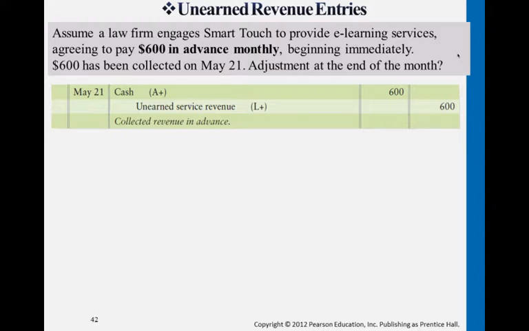For 10 days' worth of service, the value would be $200, a third of 600, assuming the service revenue is earned at an equal rate every day. So we want to turn $200 of liability into actual service revenue because we have been continuously providing e-learning services.